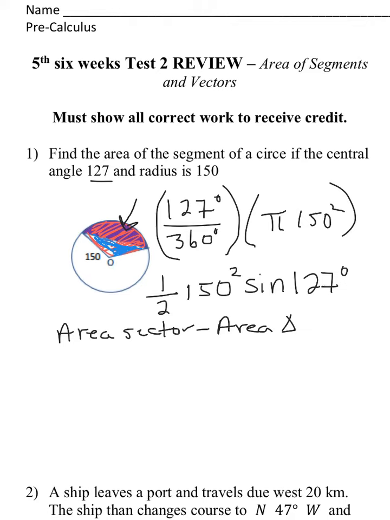Okay, so let's see. The area of the sector, after I put that in my calculator, I get 24,924 approximately. And I'm going to subtract 8,985.